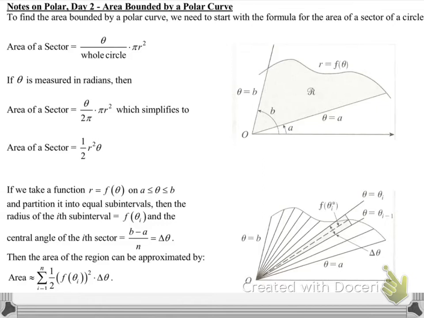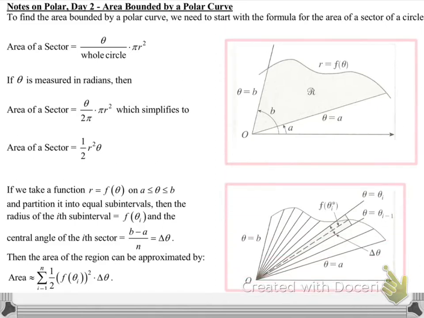Anyway, we're going to talk about the area bounded by a polar curve, and it's a pretty simple concept. Basically, you're slicing this up into little slices of a pizza pie, and it's a misshapen pizza. We're treating it like little tiny bits of a pizza.